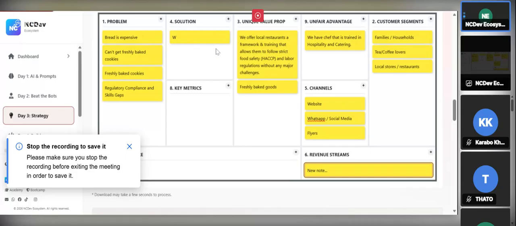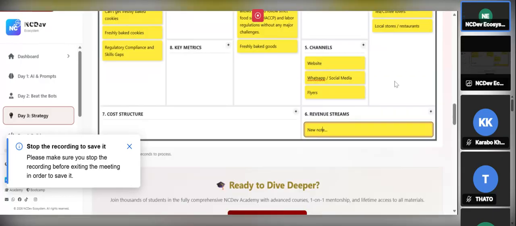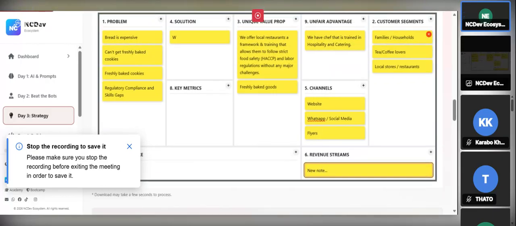After identifying those solutions, we look at how we take the solutions to our customers, through what channels. And then identifying those channels, we look at the revenue streams. How do we now make money? How are these customers going to pay? What are they paying for?